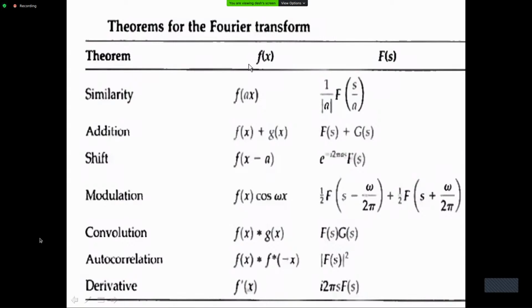If f of x has a Fourier transform F of s, then you can easily write the appropriately scaled version. So if you expand an axis, the description in the other domain shrinks by the same factor. And of course, there is a normalization to make sure that the energies are conserved.